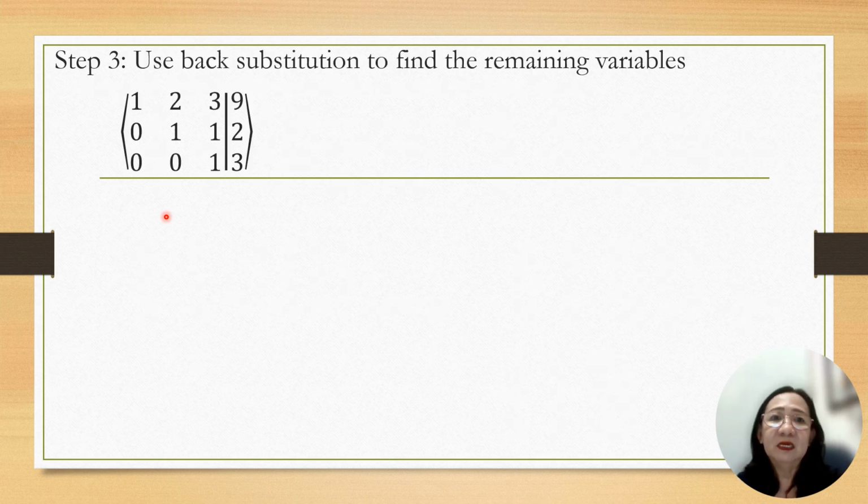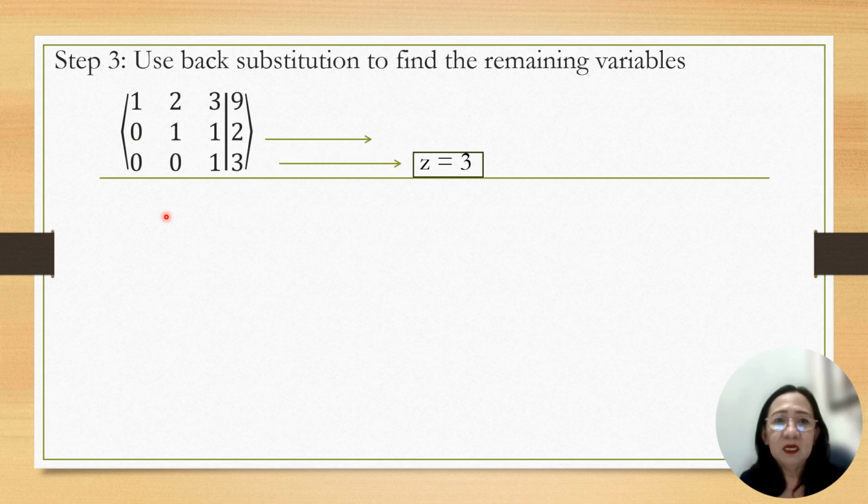Let us apply the back substitution to find the remaining variables. So, using now the third row, we will arrive at z is equal to 3. So that is already the value of z. Okay? For the second row, we will arrive now at, so 0 for x, that is now y plus z is equal to 2.